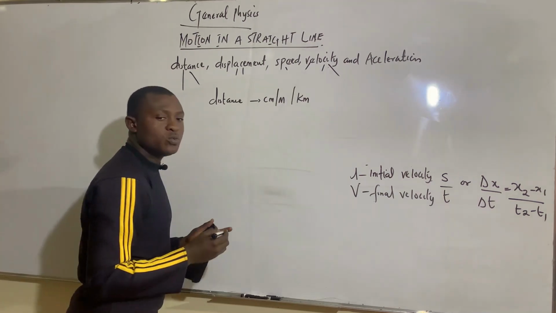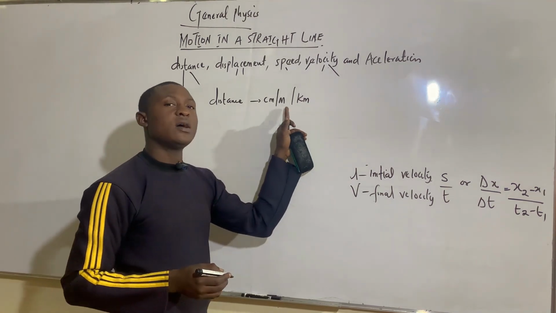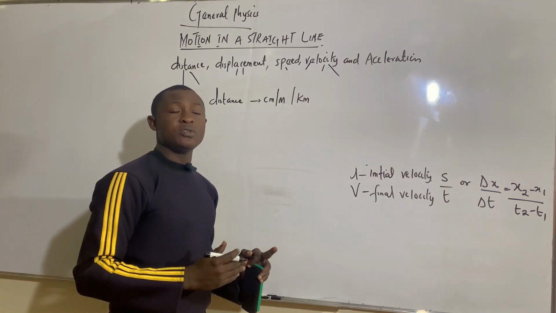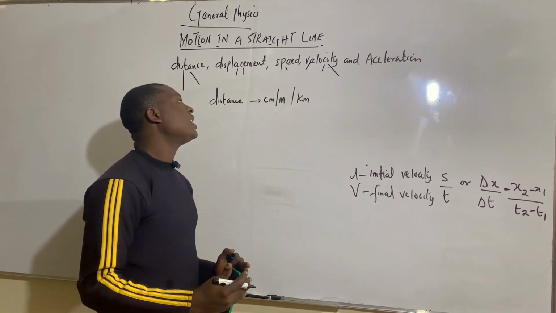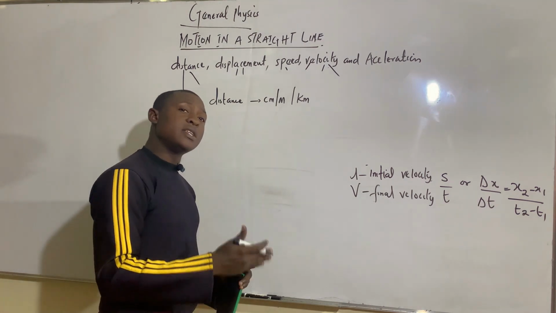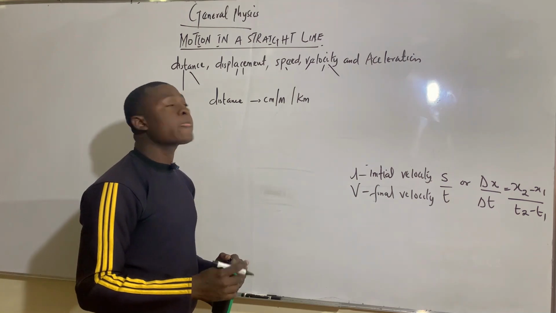Mostly we use either meter or kilometer, and I will tell you how to convert it, because in some problems you will be asked to leave the answer in terms of meter or in terms of kilometer.